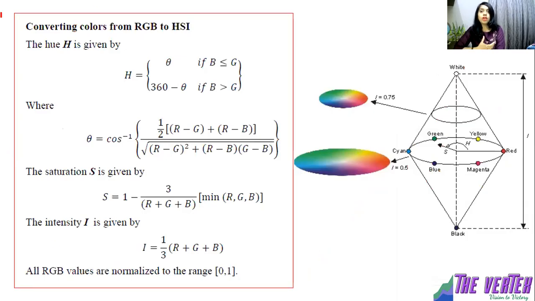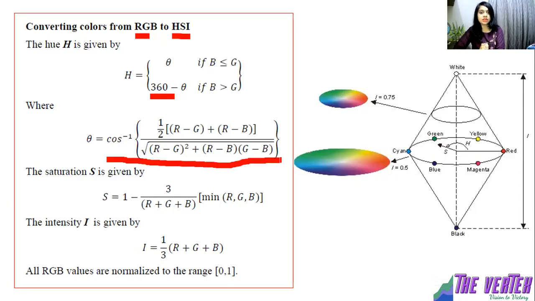Now, what are the formulas for converting colors from RGB to HSI? Suppose I have RGB colors and I want to convert them into the HSI model. So there are formulas. H is equal to theta if blue is less than or equal to green. And if blue is greater than green, then you have to use 360 minus theta, where for theta the formula is given.